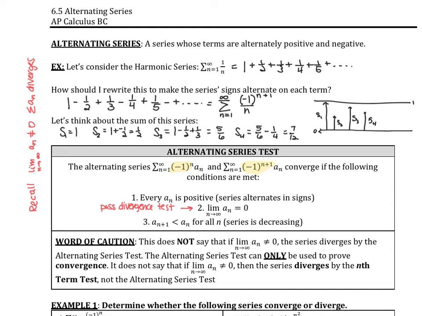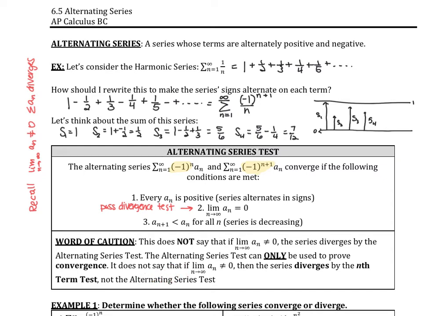Now, there's a couple words of caution. This does not say that if the limit of a sub n doesn't equal 0, the series diverges by this test. That is not the case. The alternating series test will only show convergence. It does not test for divergence.